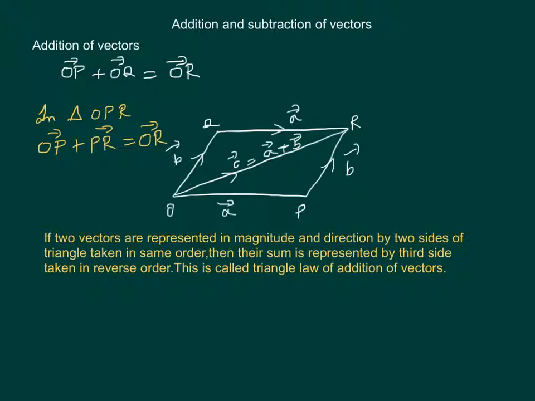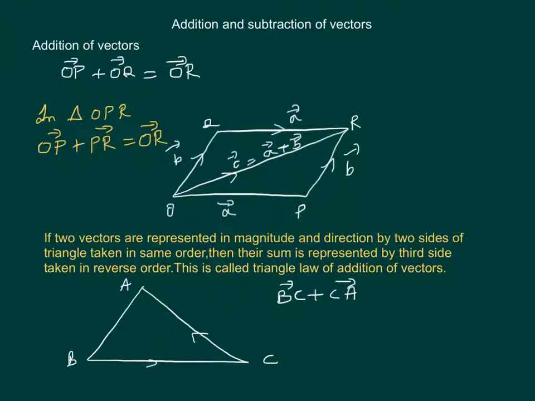That means if we have a triangle ABC, then if we start from say B, then BC plus CA will be given by BA. Why BA and not AB?